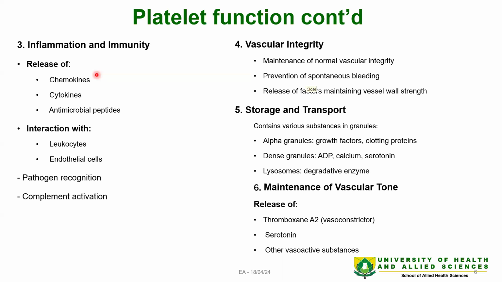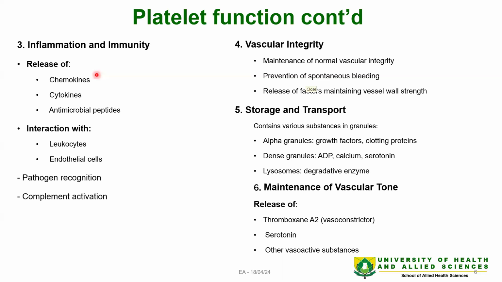Aside from that, platelets also release some antimicrobial peptides, which can help in fighting off infectious agents. Platelets don't work alone. They also interact with white cells as well as with the endothelial cells. For example, when it comes to coagulation, endothelial cells release coagulation factors, an example being the tissue factor.